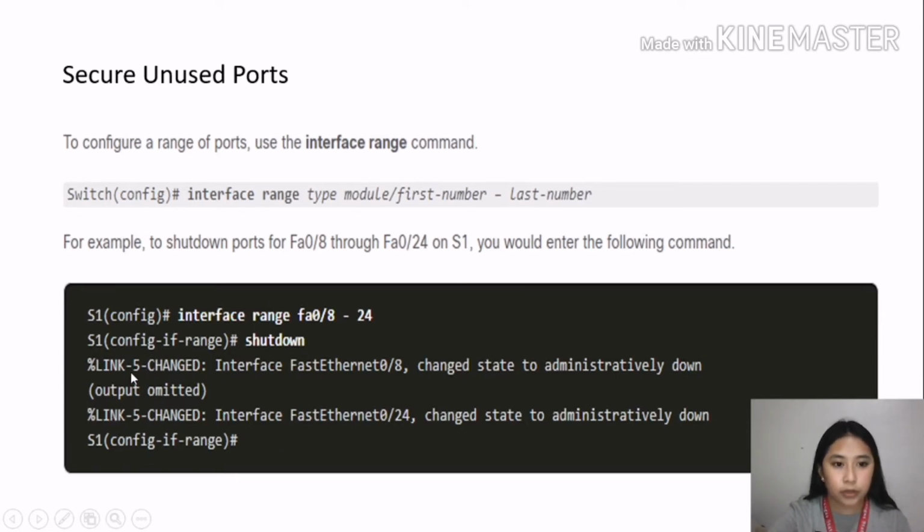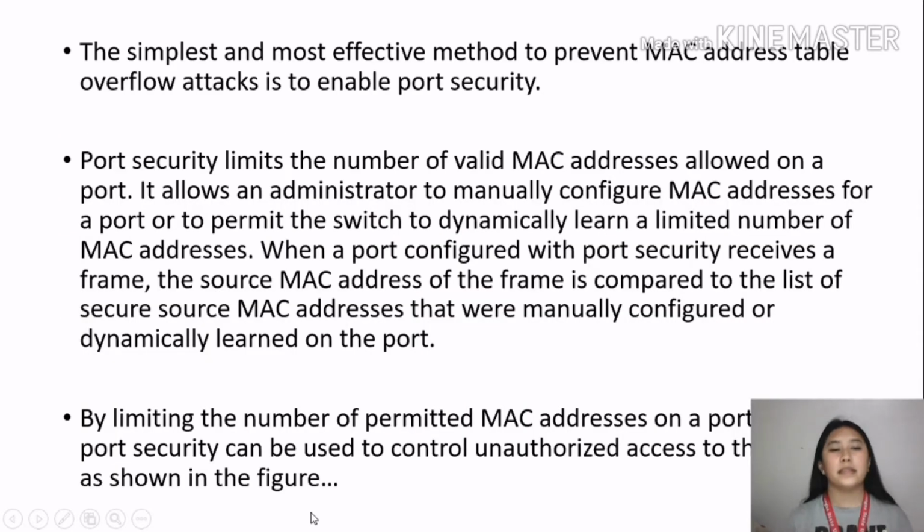Link changed state: interface FastEthernet 0/8, changed state to administratively down. Output omitted. Interface FastEthernet 0/24, changed state to administratively down.